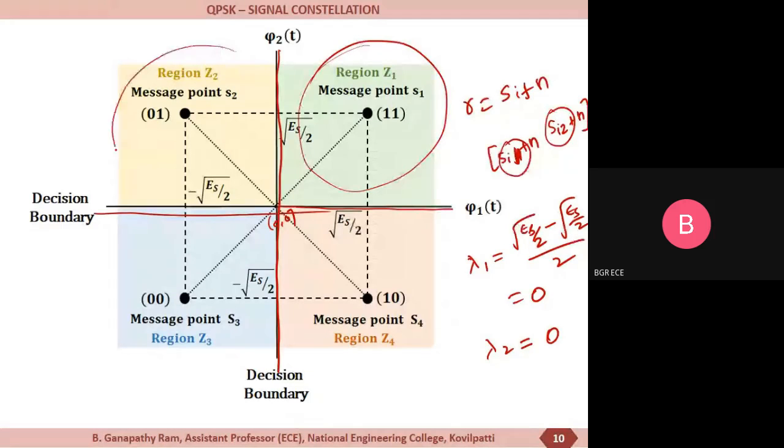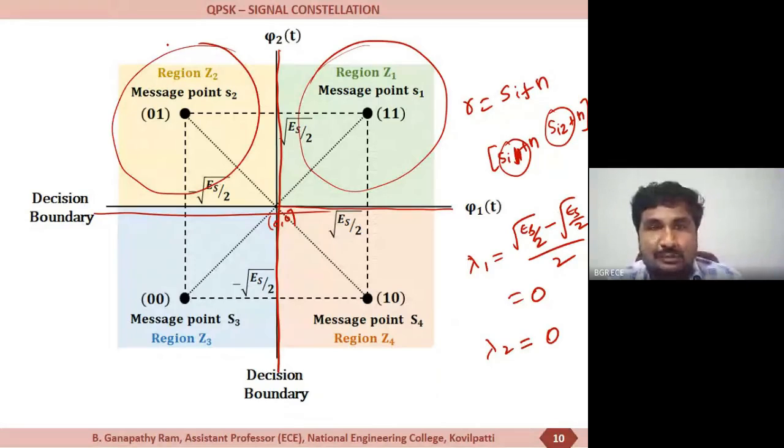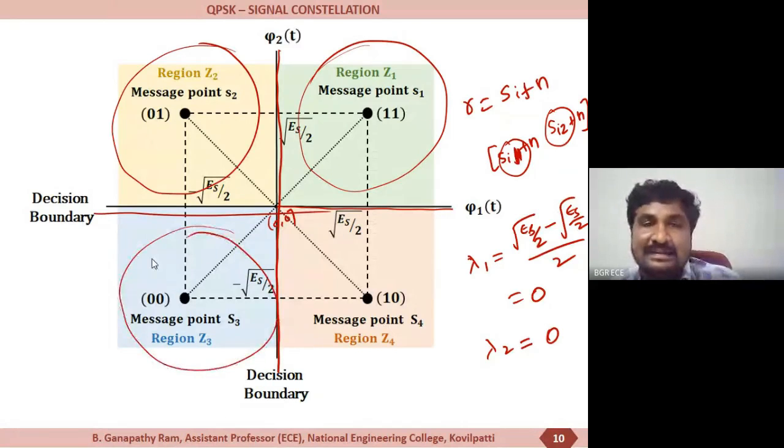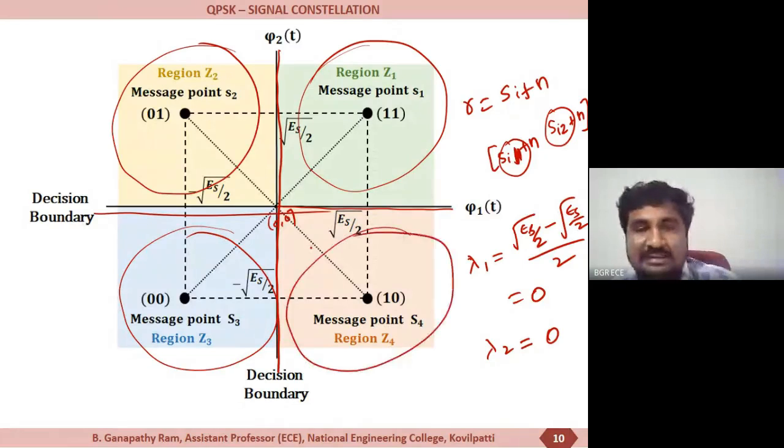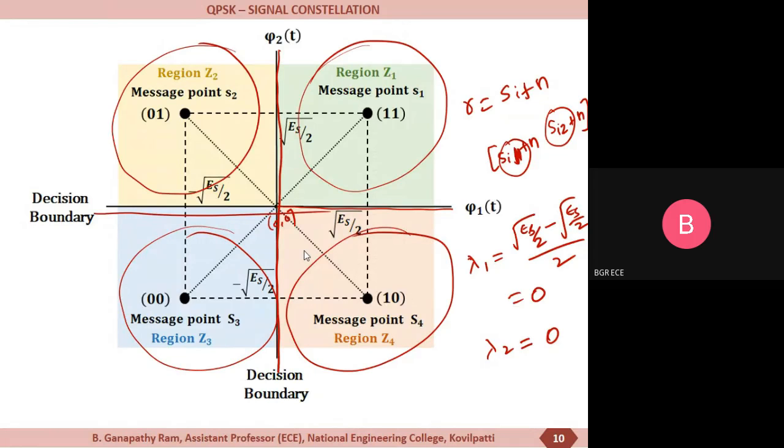If the message point is located in the second quadrant, that is in region Z2, where x is less than 0 and y is greater than 0, then that will be considered as the message point S2. Similarly, the message point S3 has the region Z3 in the third quadrant, and the fourth quadrant represents the message point S4 on the receiver side, and it is determined by Z4.